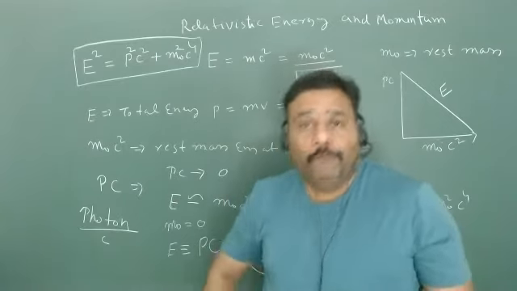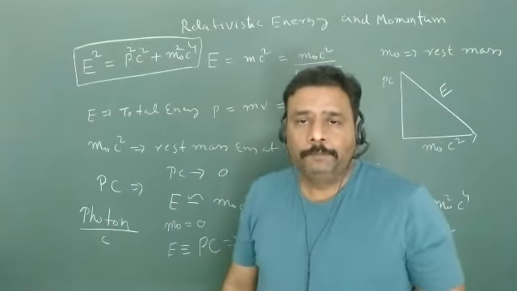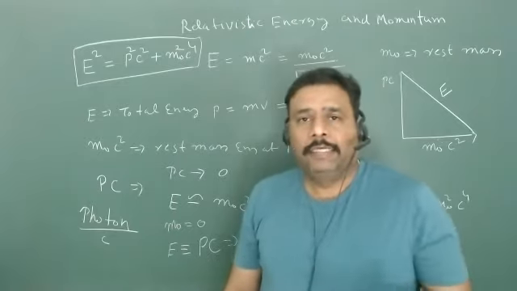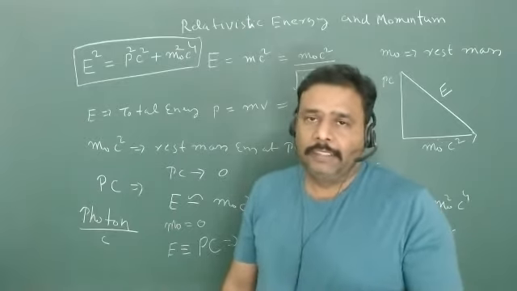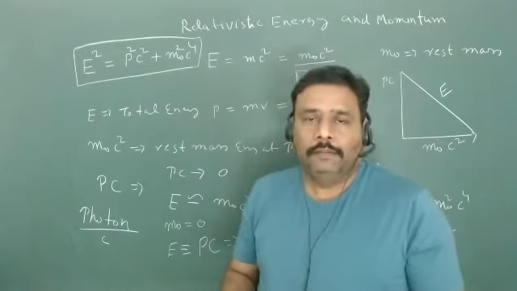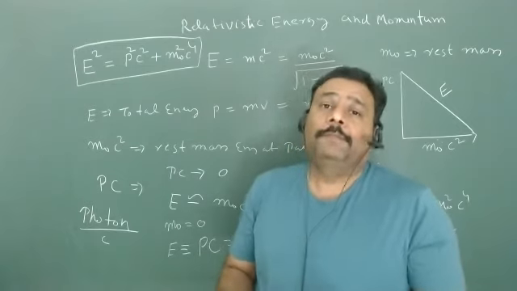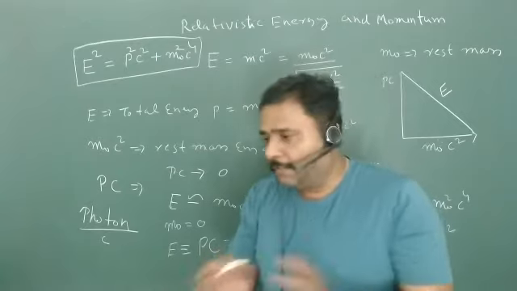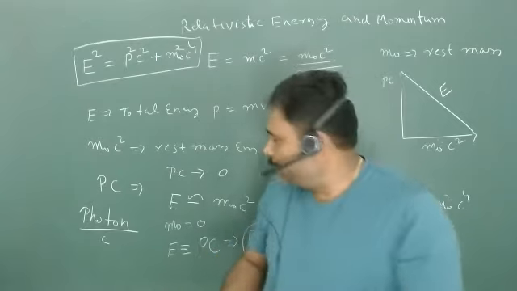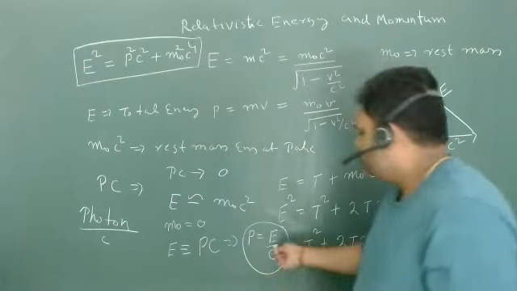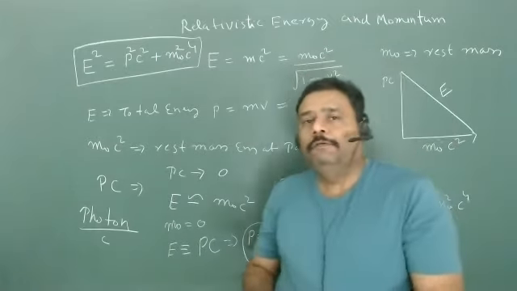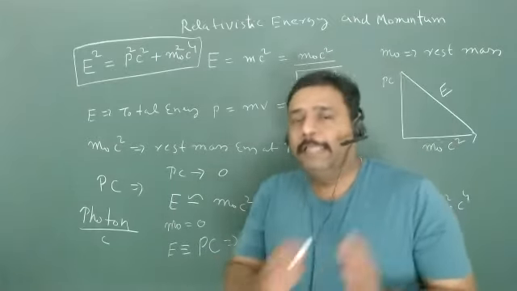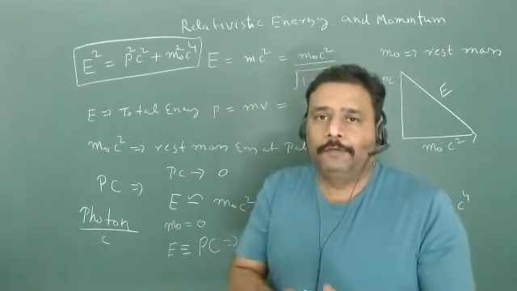Then from where are you getting this momentum? In general, we say that momentum is basically m into v. But this is for a particle which has some mass. For the photon, the momentum is nothing but E upon C. And we know that for the photon, the energy is dependent on the frequency.